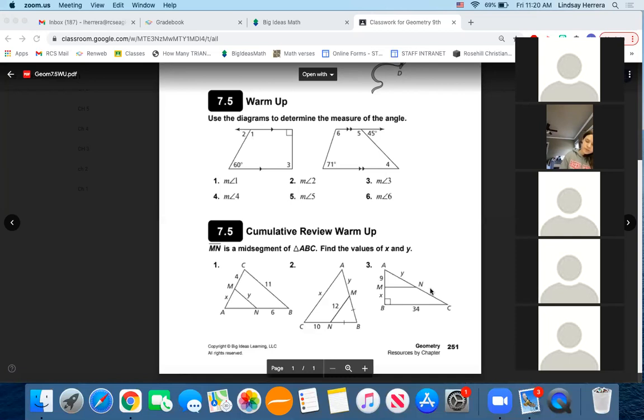Okay, then once you get your answer, take the square root of it, and that would be the length of AC. Then we don't need the whole length of AC, do we? We just need half of it.